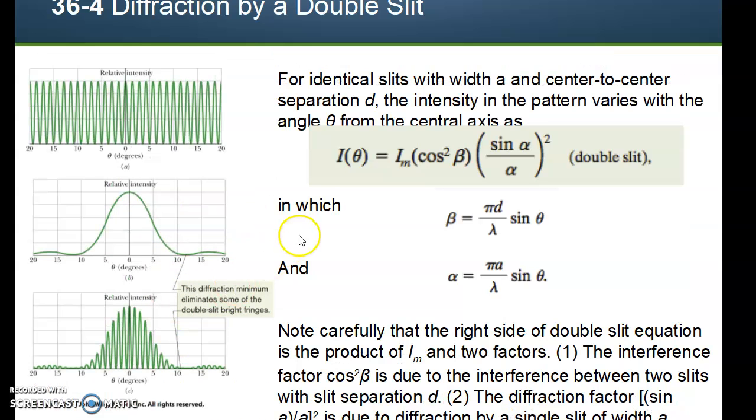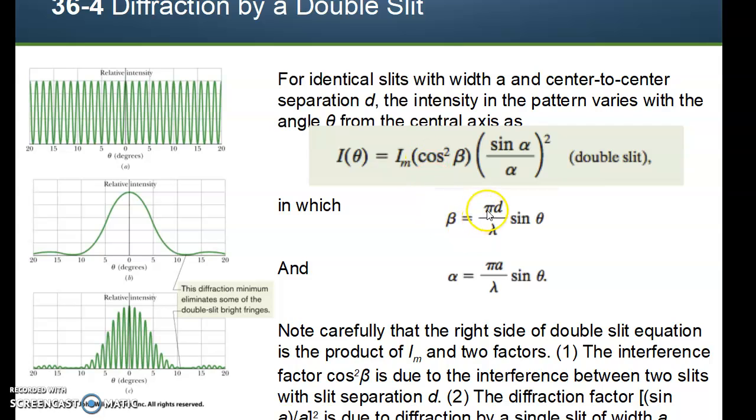So for identical slits with a width A and a center-to-center separation distance d, this is how wide the opening itself is, and this is the distance between those two slits. The intensity pattern is given with the angle theta from the central axis as this right here. The intensity, we have this value right here. Now we have this value as well in there, okay?